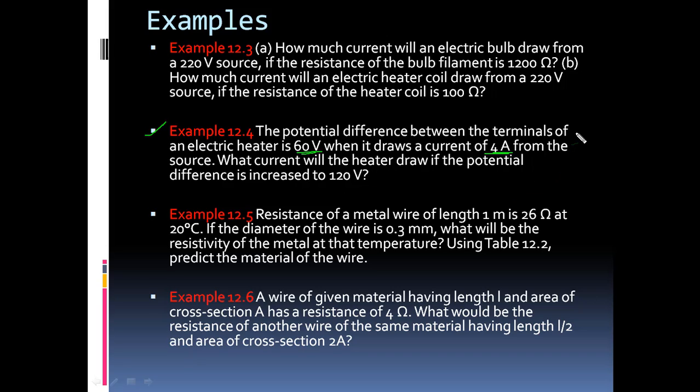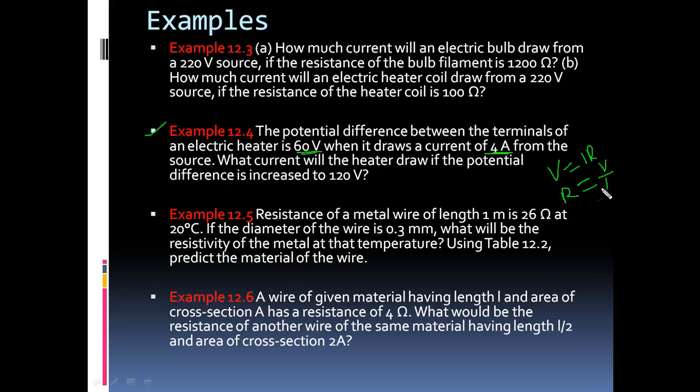Here you know that V equals I R, where R is a constant. So it can be written as R equals V divided by I.